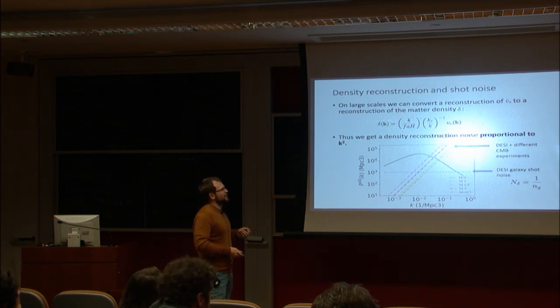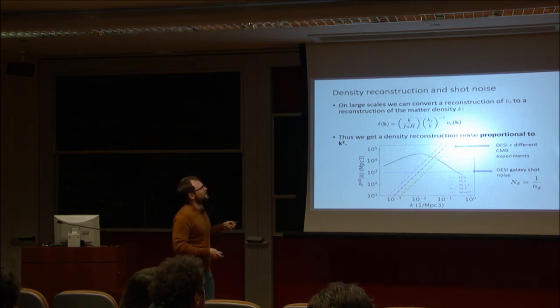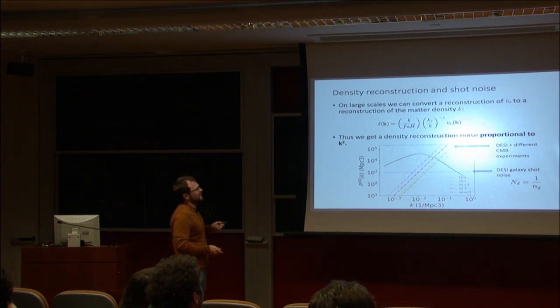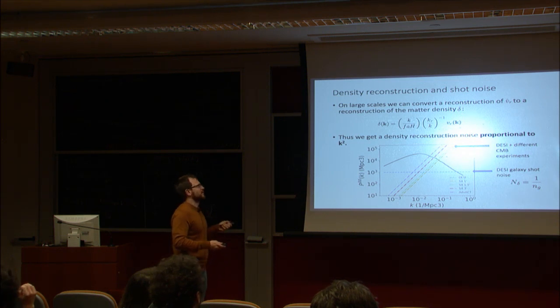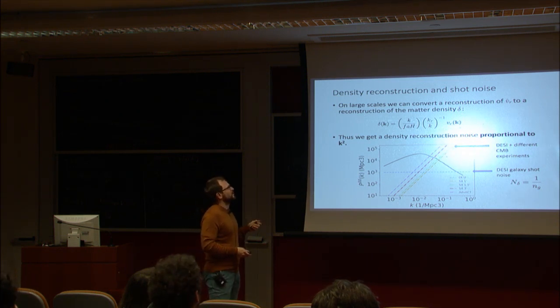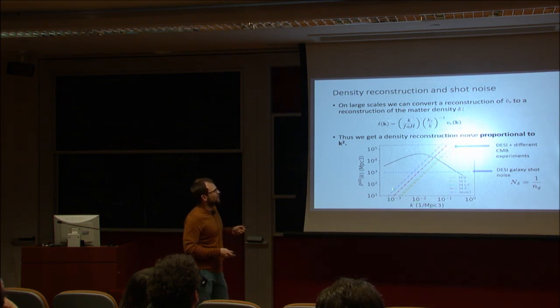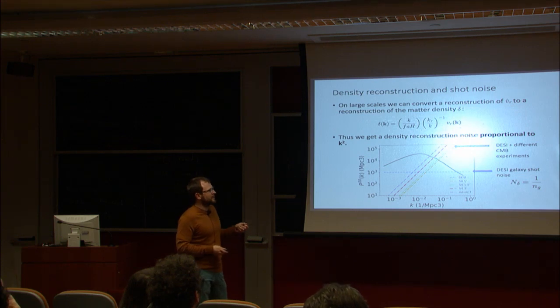And as I said before, the velocity field noise is constant in k, but if you use this relation, you will get a k-squared dependence in the noise that comes from this reconstruction. And so this means that with this method, you can measure the radial matter perturbations on large scales with lower noise than the shot noise. So this is an example here for a real experiment that's upcoming.